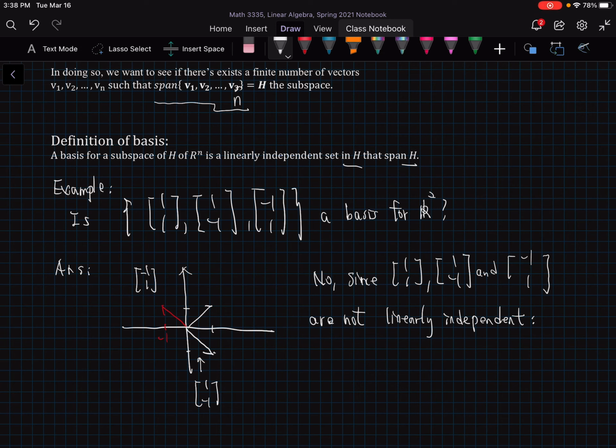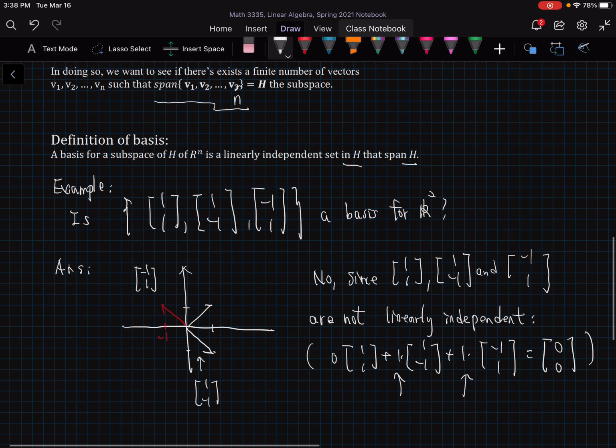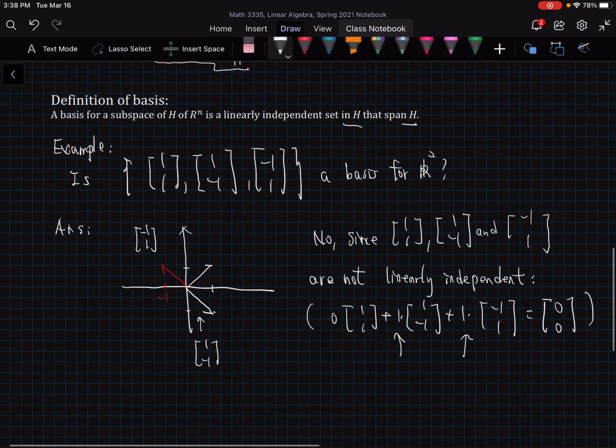We can say 0 times (1, 1) plus 1 times (1, negative 1) plus 1 times (negative 1, 1) equals (0, 0). So I found a nontrivial linear combination of the vectors such that I obtain the zero vector. So that's not linearly independent.